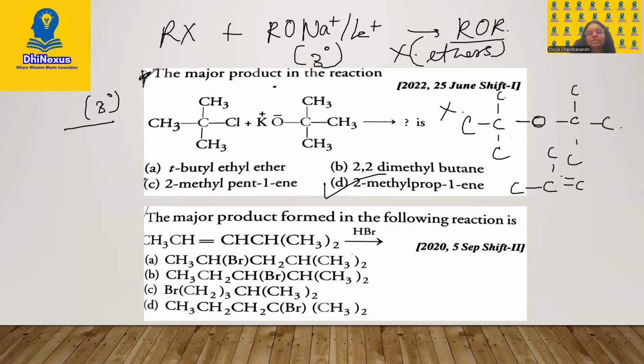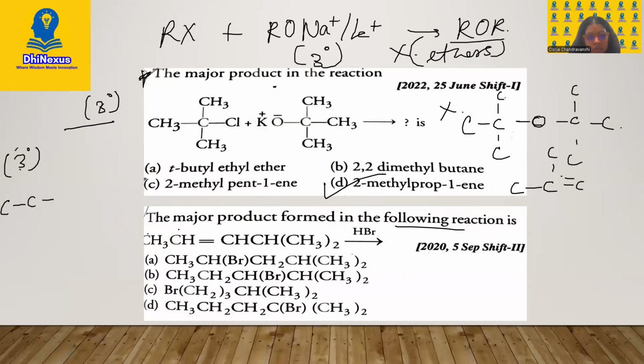More about this will be discussed when the formation of ethers and their chemical properties are covered. But please remember, Williamson synthesis does not yield ether formation with tertiary alkyl halides. The last but not the least, major product formed in the following reaction. So let's see what we have here.